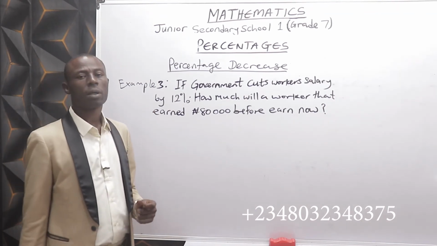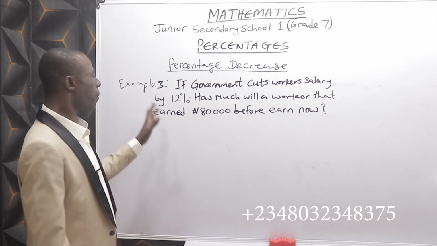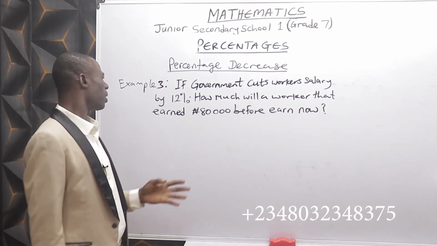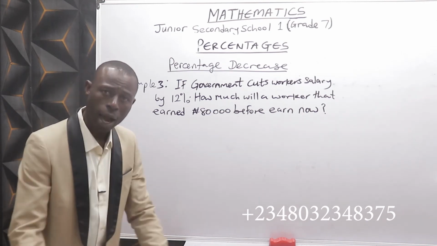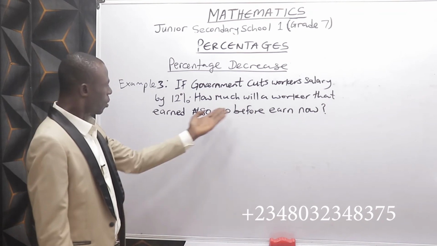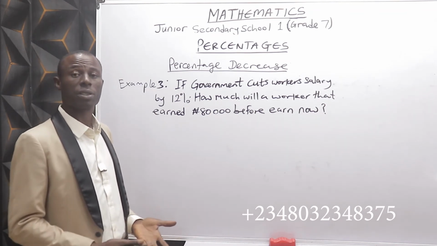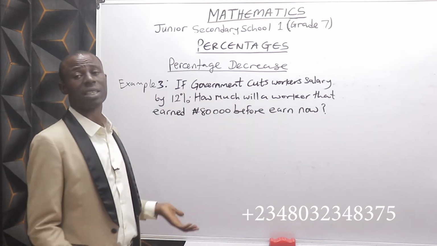Example 3. If government cuts workers' salary by 12%, how much will a worker that earned 80,000 naira before earn now? The worker has been earning 80,000 naira per month. But now government is cutting salary by 12%.